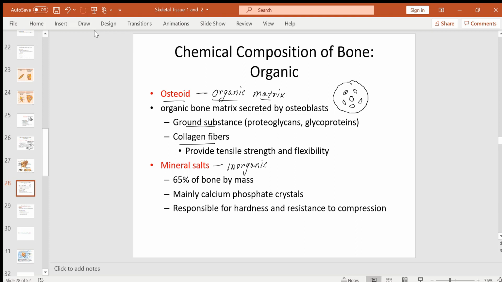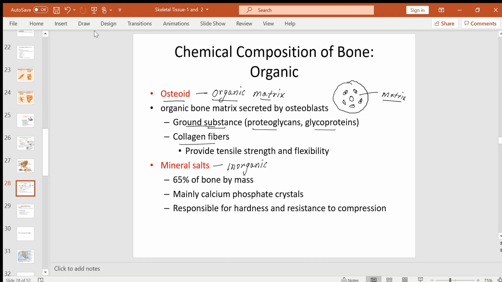Central canal, and now this is the matrix, which has ground substances that includes the proteoglycans and glycoproteins.